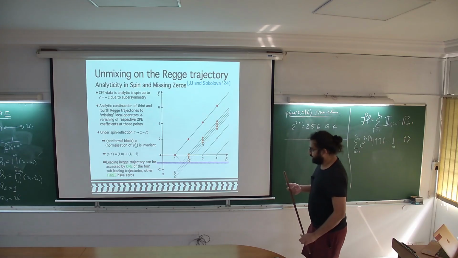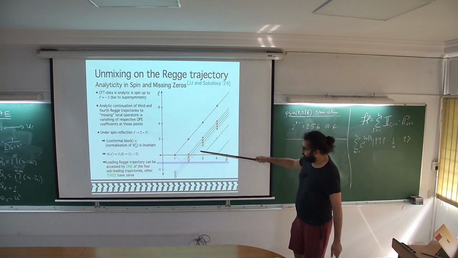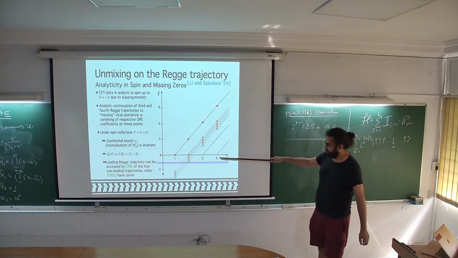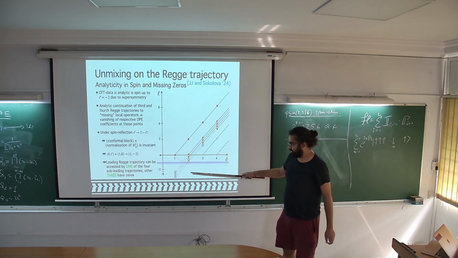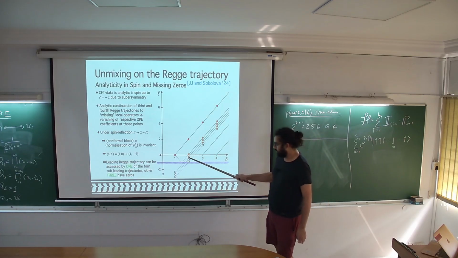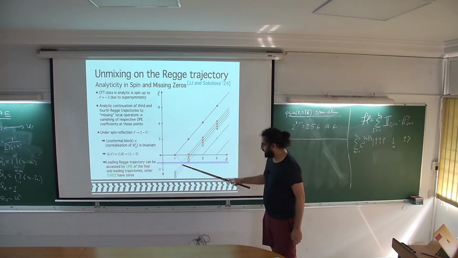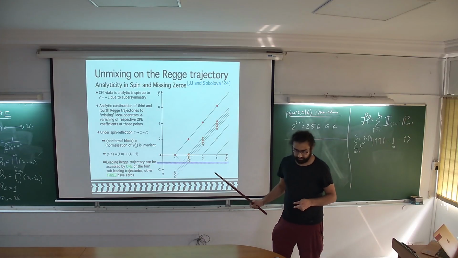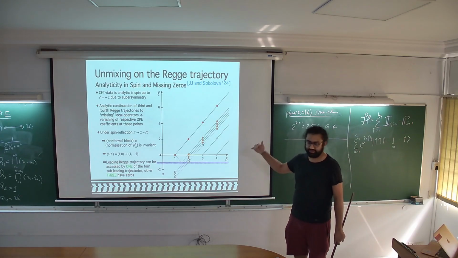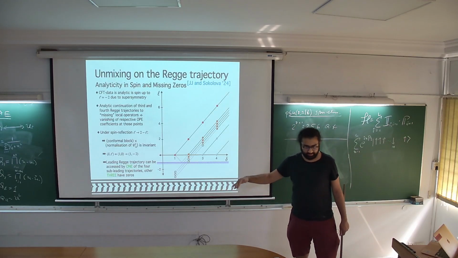But actually, it turns out that there is a subtle way in which, if you take one of the subleading Regge trajectories and analytically continue them all the way to spin equals -2, you can use spin reflection symmetry to show that this trajectory will actually map to the leading Regge trajectory as you go to spin equals -2.